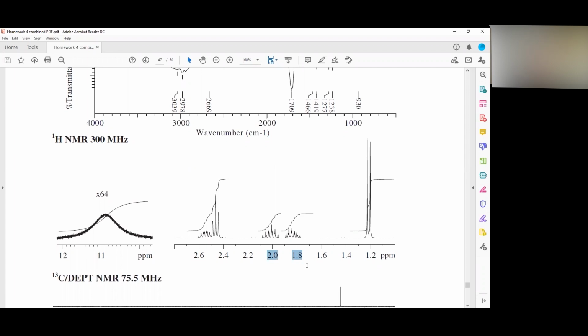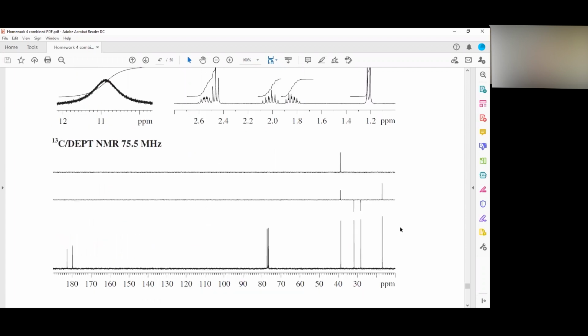And according to the carbon, I've got a methyl, 2 methylenes, a CH, and then 2 quaternary carbons at the far end downfield.